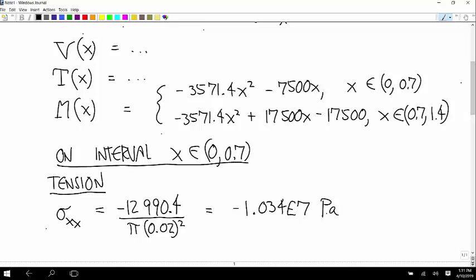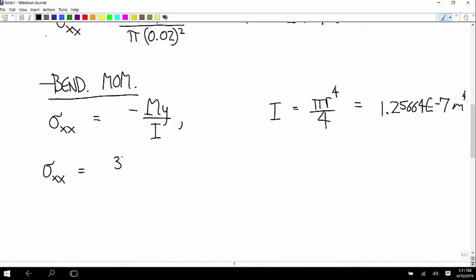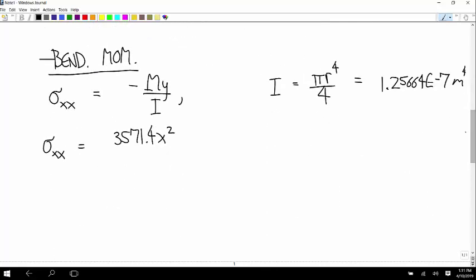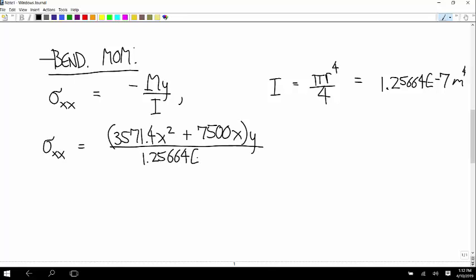So 3571.4 x squared plus 7500x times y, divided by 1.25664 times 10 to the minus 7. And let's just divide this out into a polynomial.